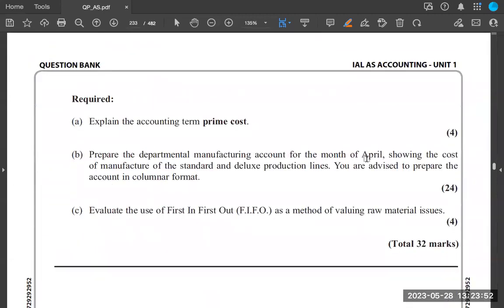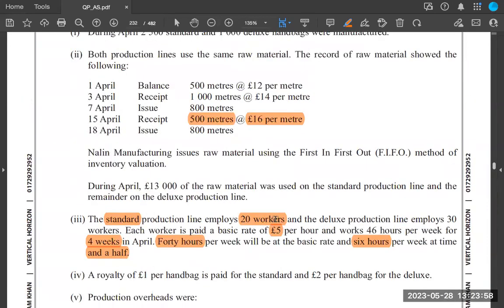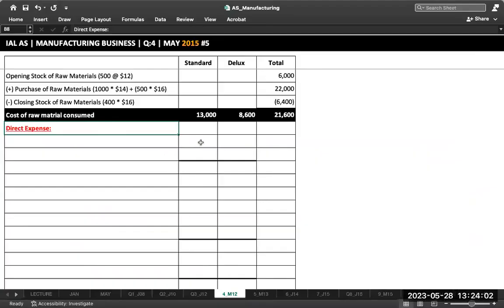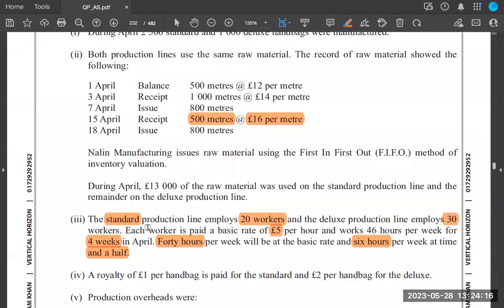980. Are we solving this for the month? Yes, so for one month 980 comes. Now for standard, how many workers? Multiply the 980 by 20. How much does it come to? Are we guys clear? And for deluxe, instead of 20 put 30.